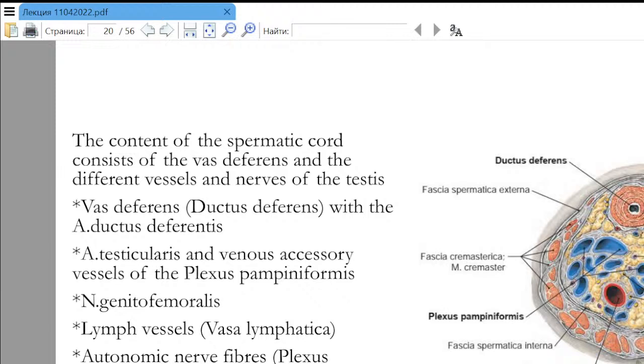The ductus deferens with the arteria ductus deferens, the arteria testicularis and venous accessory vessels of the plexus pampiniformis, the nervus genitofemoralis, and vasa lymphatica and plexus testicularis.